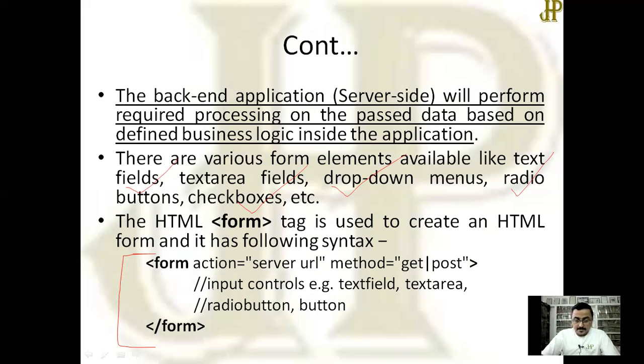Between this, you have to put all the elements related to the form. Other than this, there are some attributes for form, and the two most important ones are action and method.